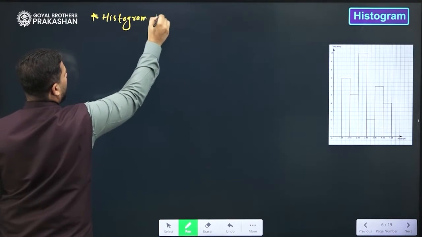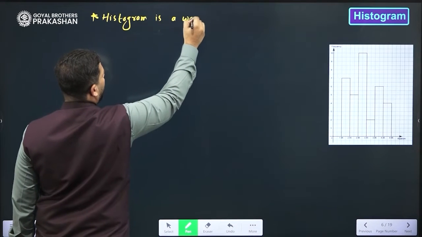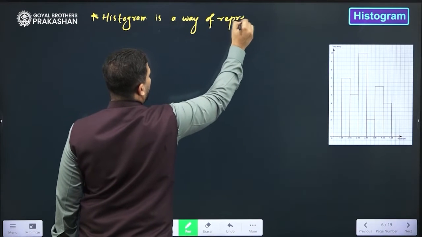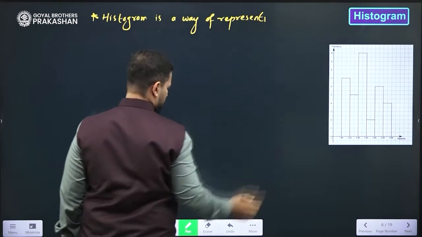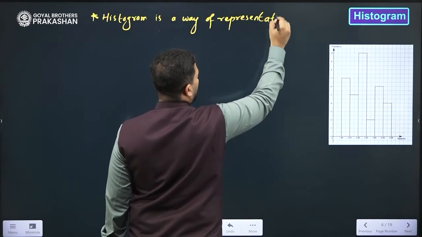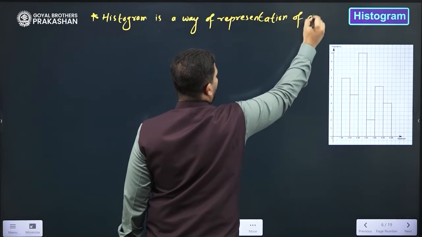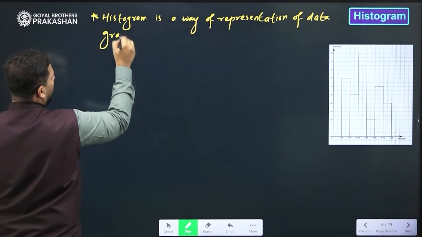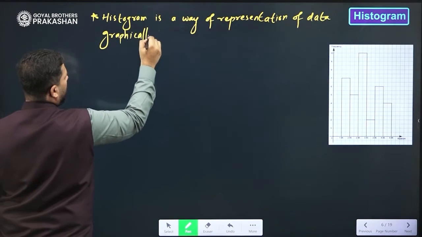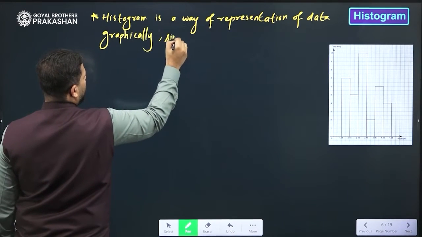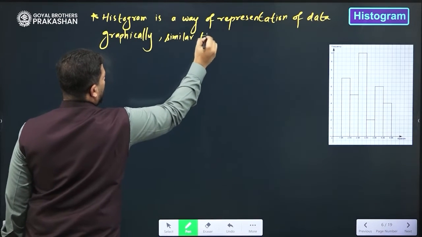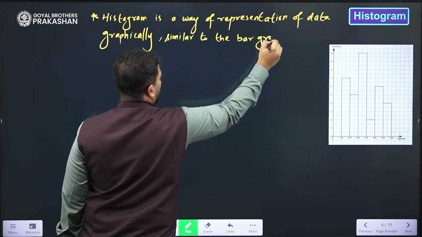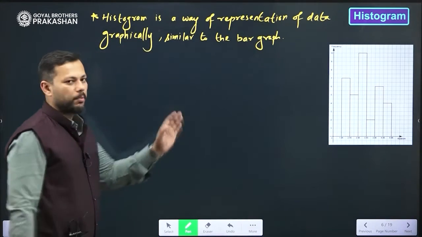Histogram is a way of representation of data graphically, similar to the bar graph. Right? It is similar to the bar graph.